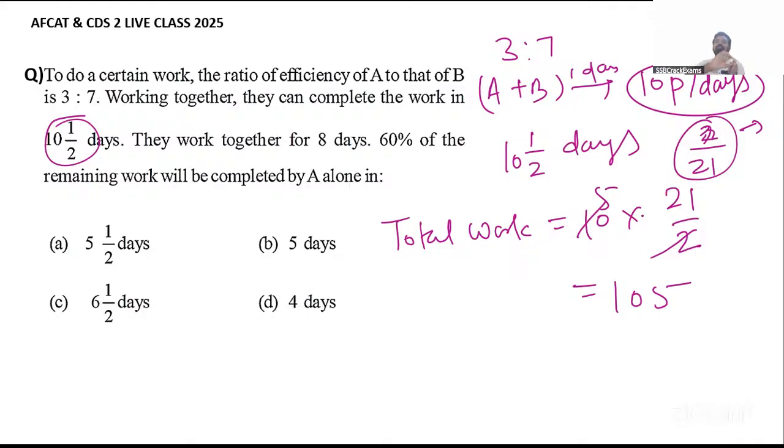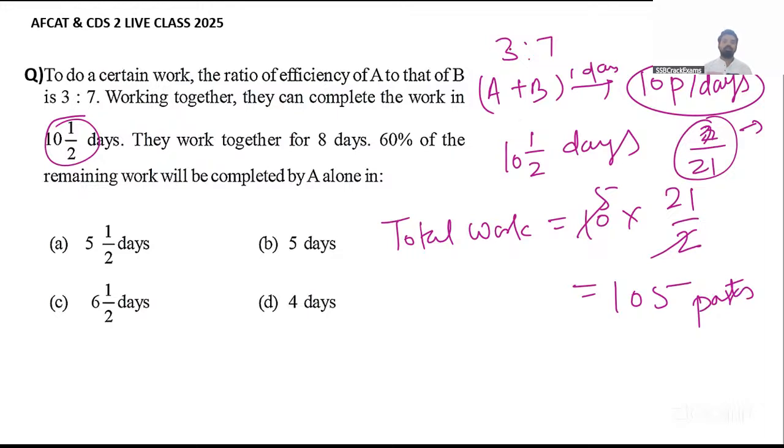We can take the complete work as one, or we can work in parts only. Working in parts is sometimes easier than working with the whole work as one, because it makes the calculations easier for us. So total work is 105 parts, as you can see in our conceptual lectures. All right, so 105 parts is the total work.